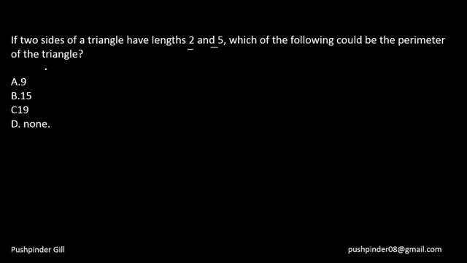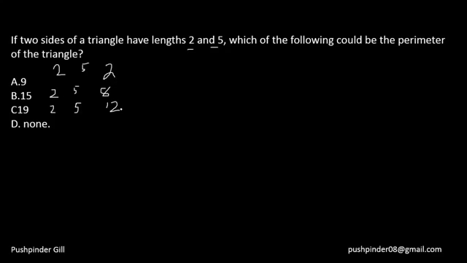If 9 is the perimeter, one side is 2, one side is 5, and the other side would be 2. If 15 is the perimeter, the other side would be 8. If it is 12, the other side would be 5.